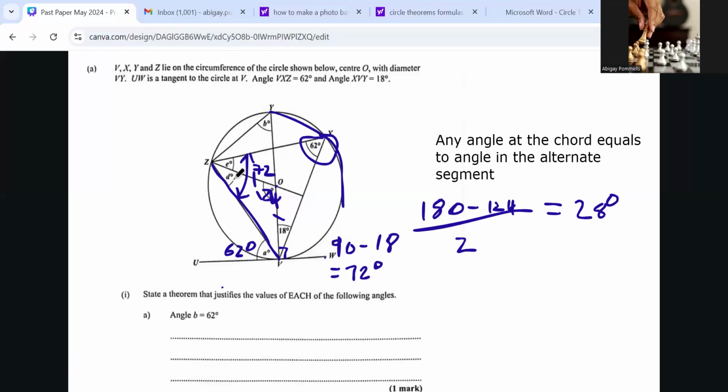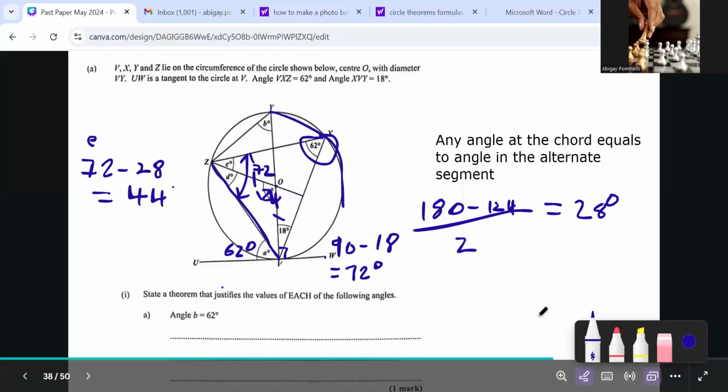And we know what D is. D is 28. So I'm going to subtract 28 from 72 to give me E. And that will be 44. So that is E.